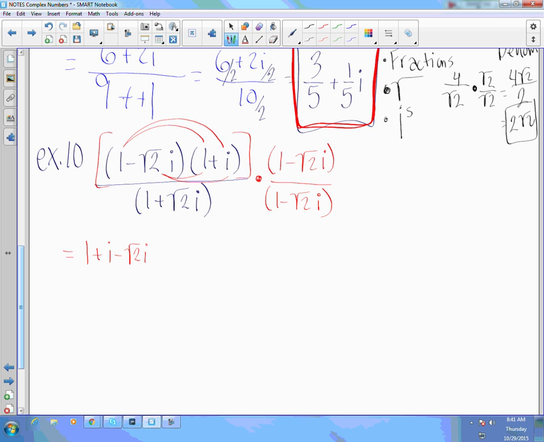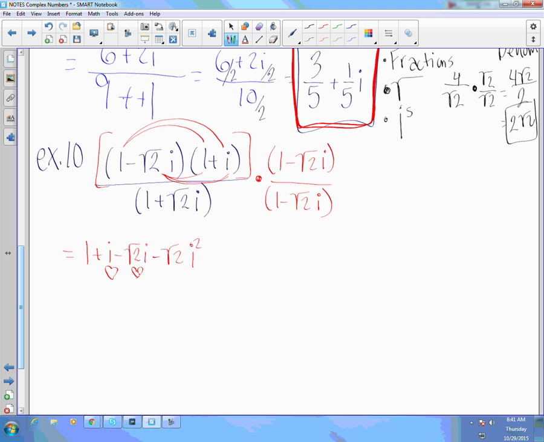Okay, let's do the last one. What is negative 2I times I? Negative 2I squared, right? And these 2 in the middle, what terms? Technically, yes.